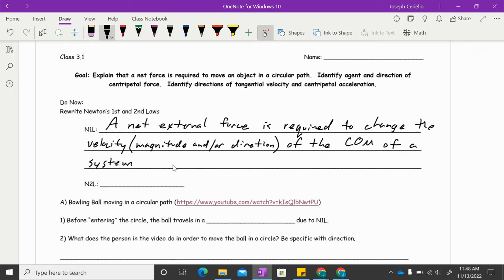So let's just read through that again. A net external force is required to change the velocity, magnitude, and/or direction, I'm going to emphasize direction, thinking circles, of the center of mass of a system.